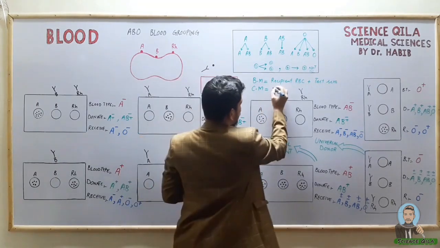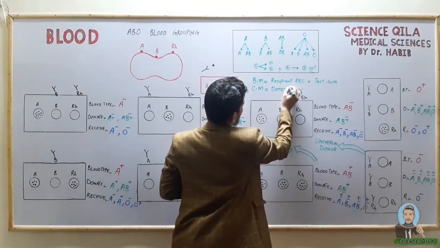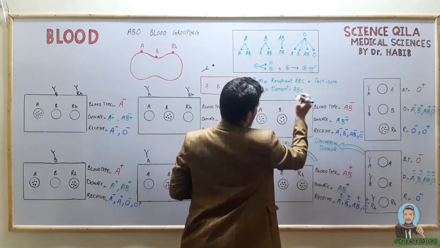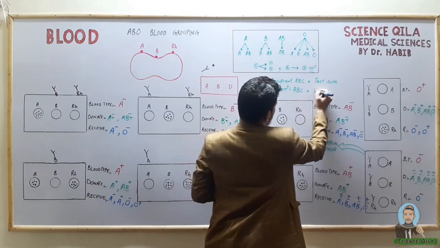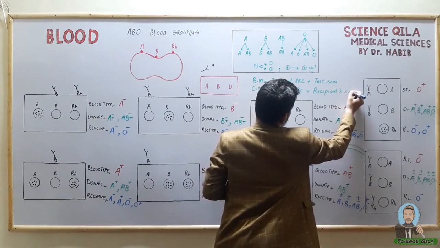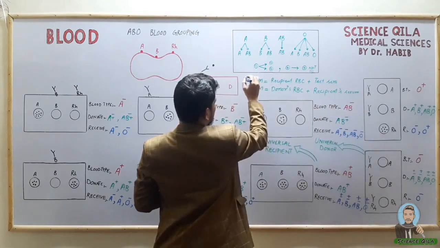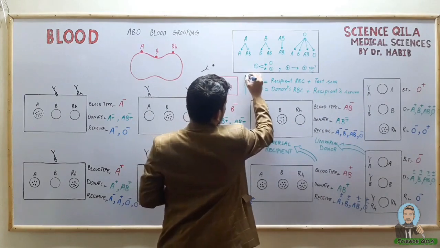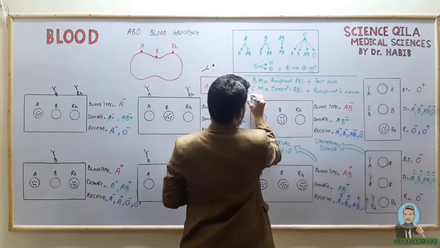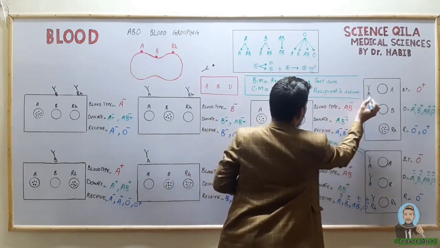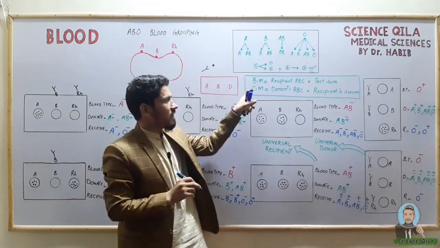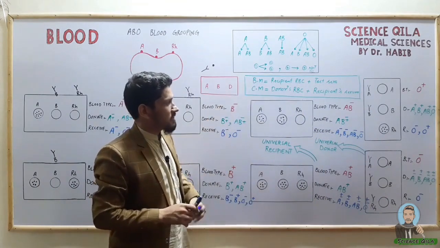So you take the donor's RBC and you react that with the recipient's serum. These are the two very, very important formulae to differentiate between blood matching and cross matching.